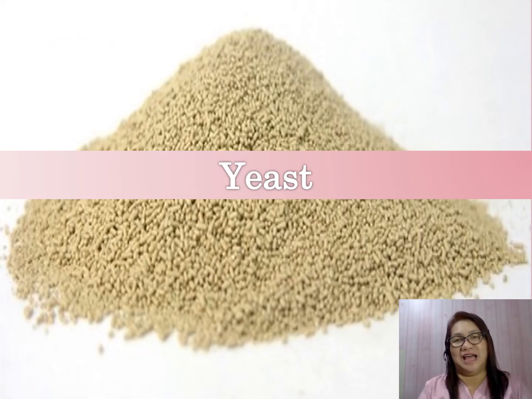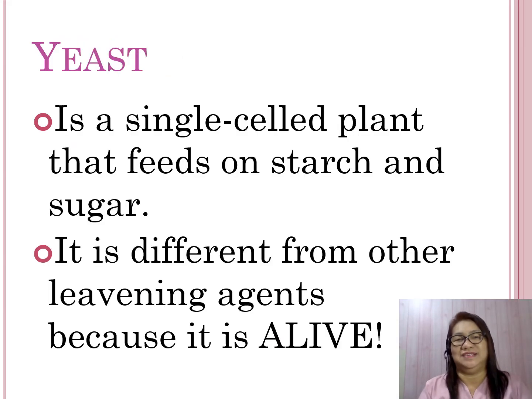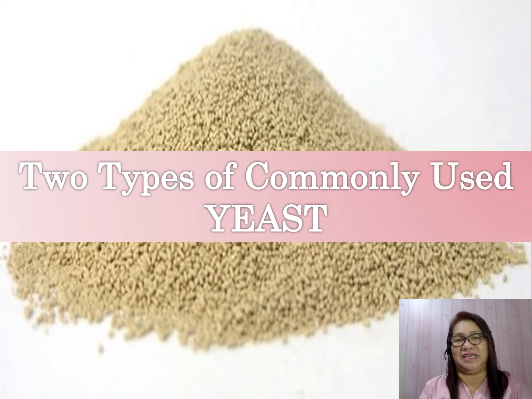Yeast is another kind of leavener. It is a single-celled plant that feeds on starch and sugar. It is different from other leavening agents because it is alive. In our breads, we use yeast as our leavening agent.